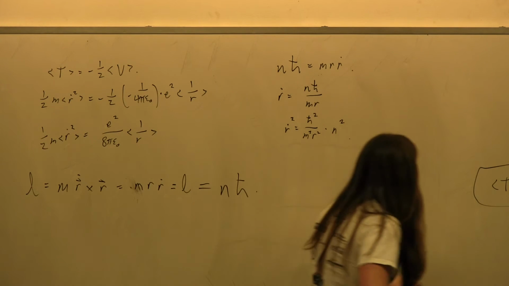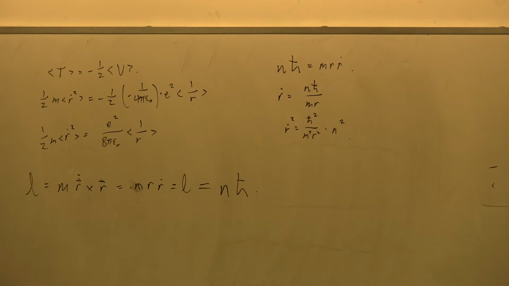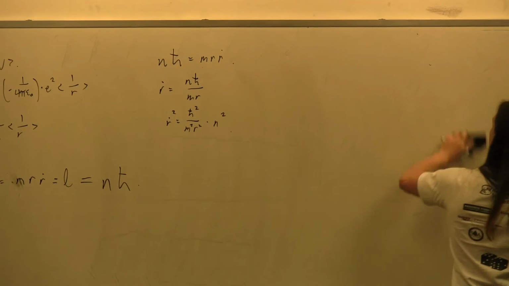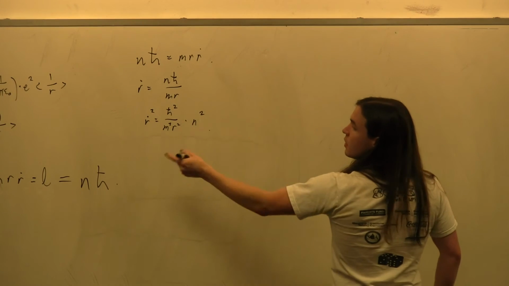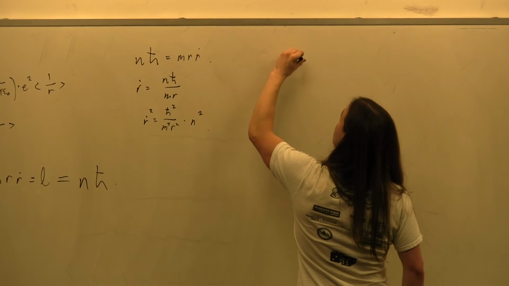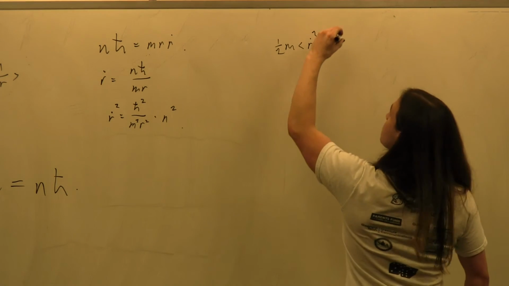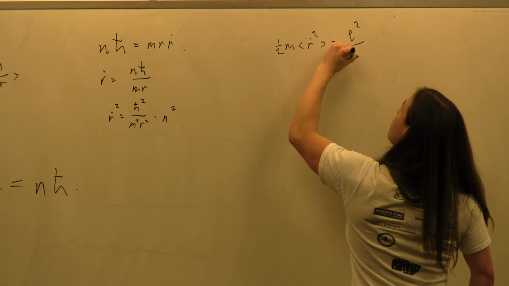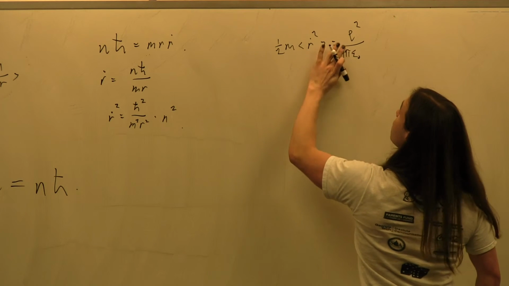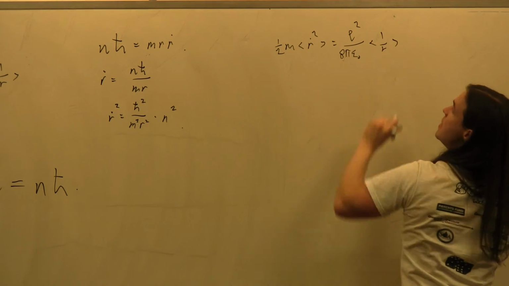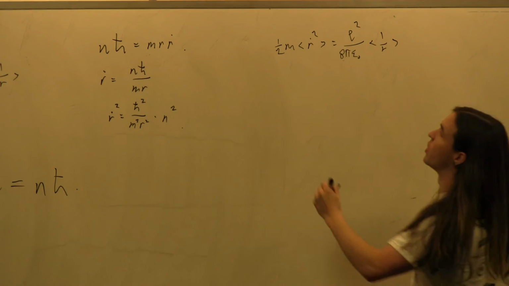And I can insert this into our Virial theorem that we're just going to cling to and see where it takes us. So we had 1/2 m r dot squared is equal to e squared over 4 pi epsilon naught, or 8 pi, times 1 over r. Then we can insert that r dot squared into the left-hand side.